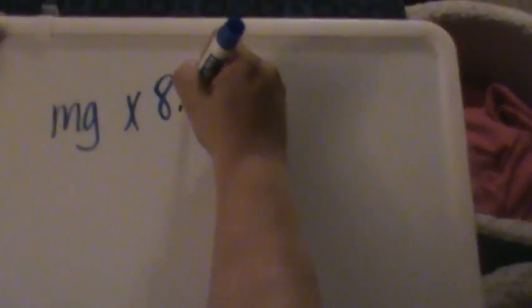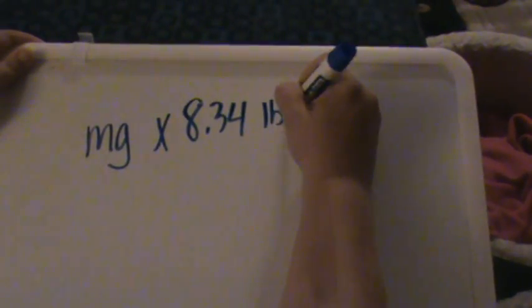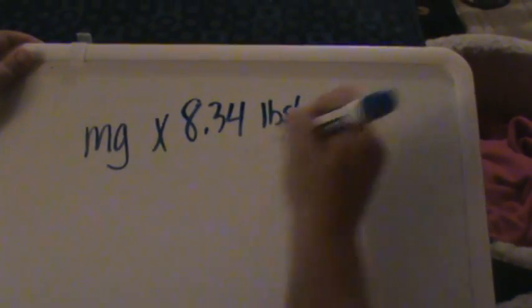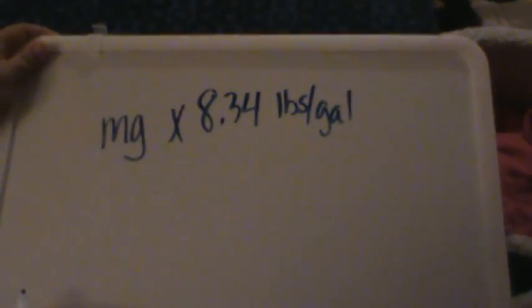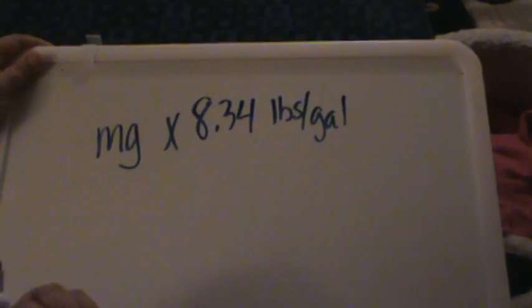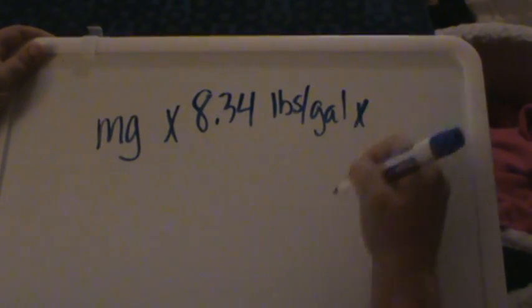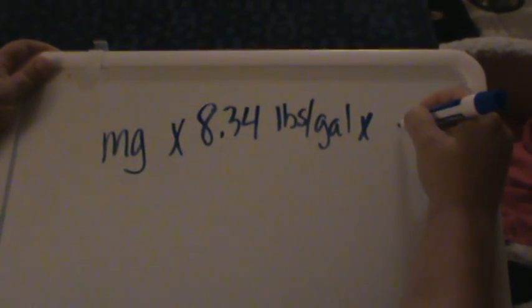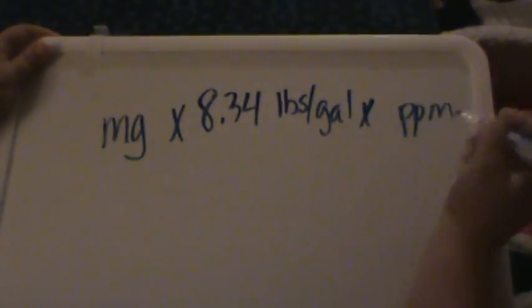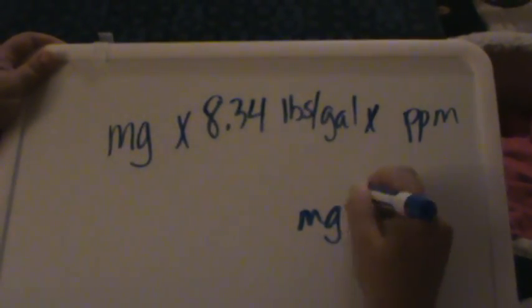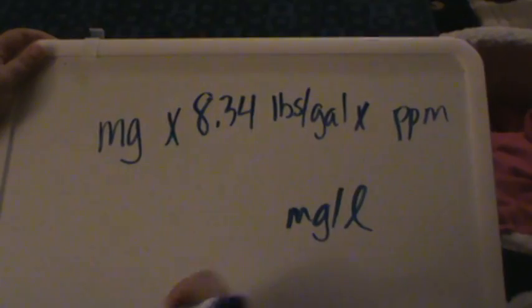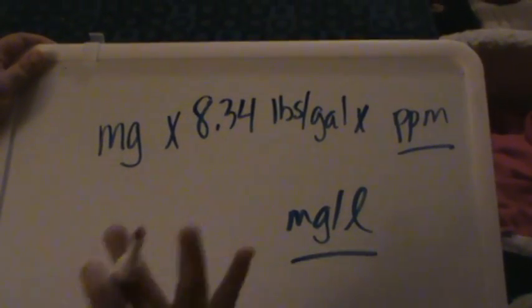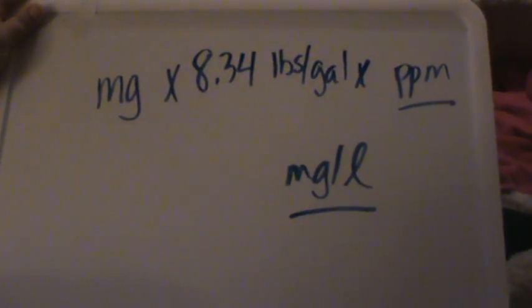So it'll be millions of gallons times the conversion factor of 8.34 pounds per gallon, because the weight of water is 8.34 pounds per gallon. And then times your dosage, which is usually expressed in parts per million, but it can also be expressed in milligrams per liter. Either parts per million or milligrams per liter, they're completely interchangeable.